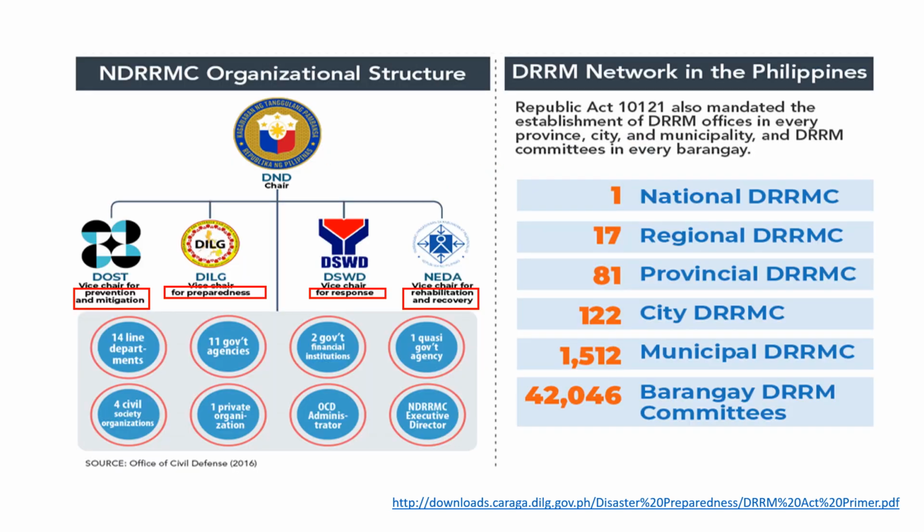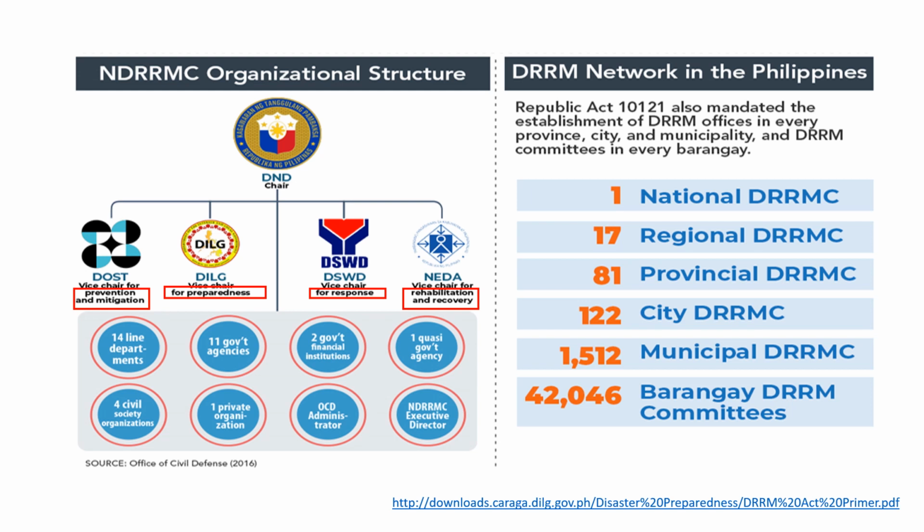The DRRM Act broadened the membership of DRRM councils at all levels, from national to regional, provincial, city, municipal, and barangay councils. It also recognizes the importance of local communities by institutionalizing the participation of civil society organizations and the private sector.